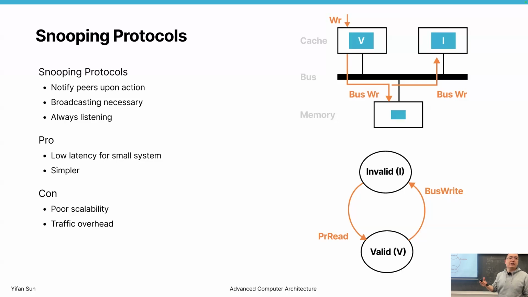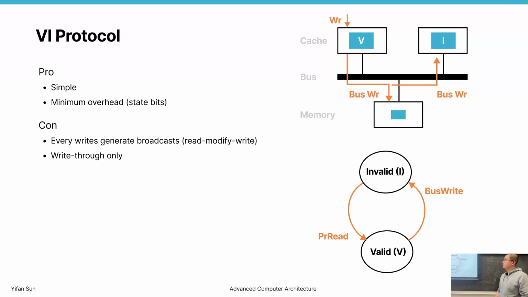There's no need to generate this traffic. So directory-based, as you can see, requires much more overhead to record status, but can reduce traffic. It works particularly well when the connection is not a bus, like switches or even multiple layers of switches in complex systems. Okay, so that is the snooping protocol and the directory-based protocol.